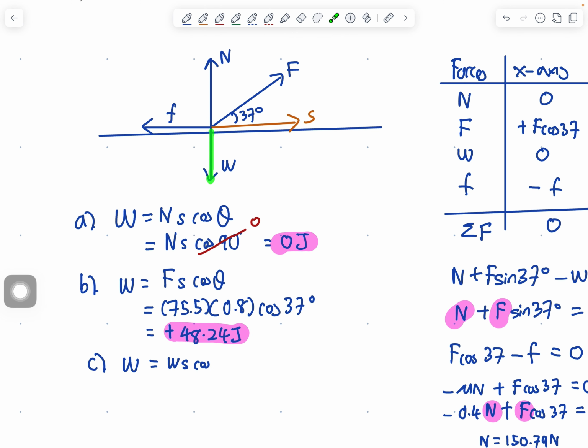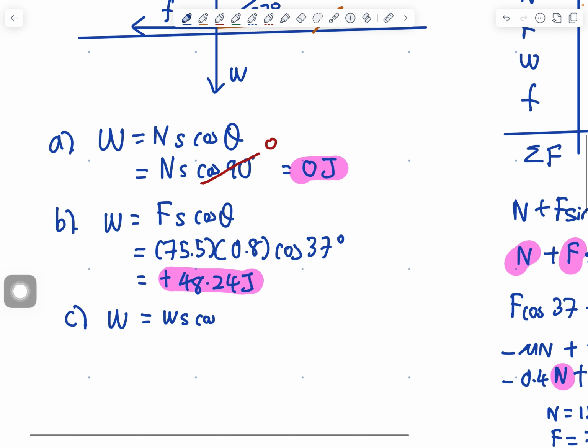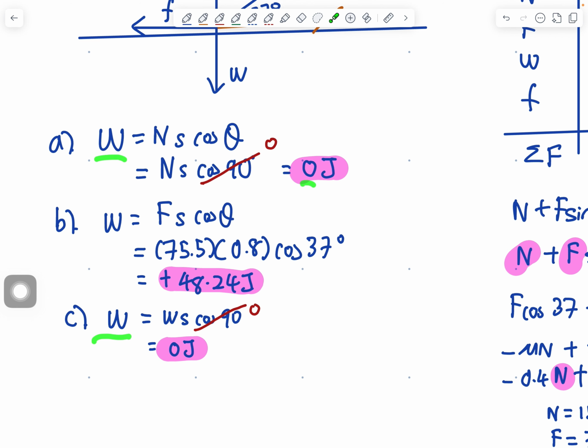In this case, the gravitational force, the weight, is downwards, and the displacement is to the right, so the angle between them is 90 degrees. Again, cos 90 degrees from the calculator gives 0, so the answer here is straight away 0 joule. So what does it mean? It means that the work done by weight and the work done by the normal force is 0. No work is done by either of these forces.